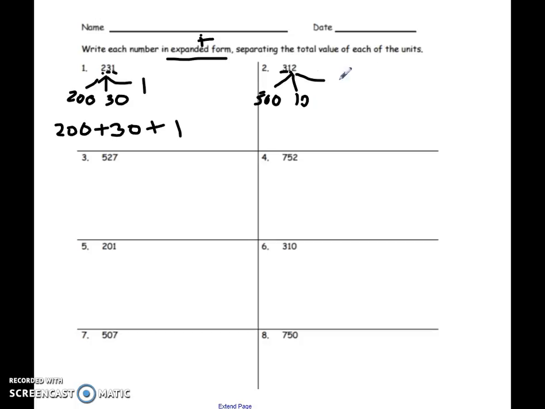And here I have 2 ones, which is 2. Now again, I'm going to add these values together to make my expanded form. So my expanded form would be 300 plus 10 plus 2.